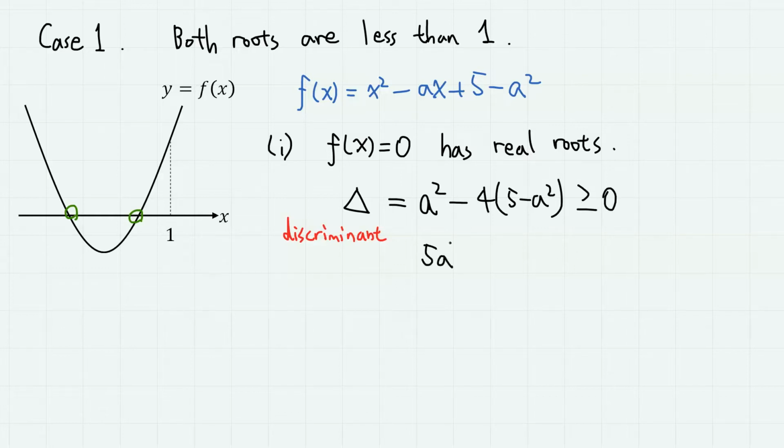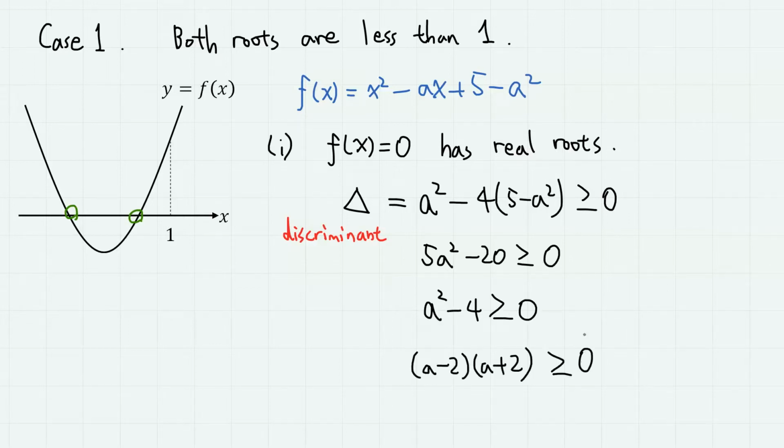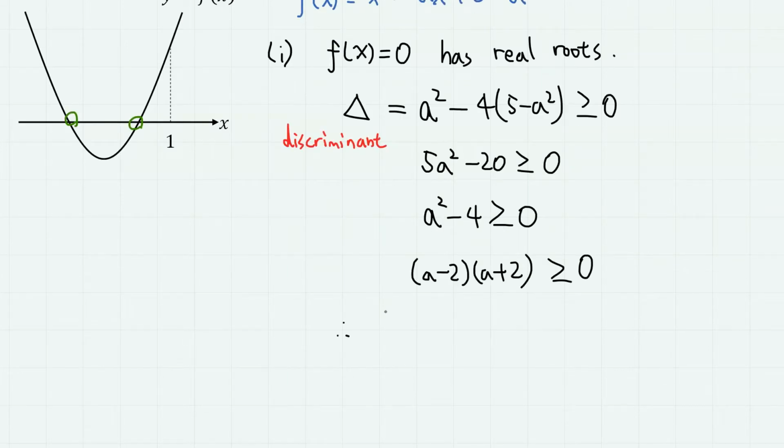So we have 5a squared minus 20 must be non-negative. So we have a squared minus 4 is non-negative. So we have a is equal to or greater than 2, or a is equal to or less than minus 2. So we have this condition.